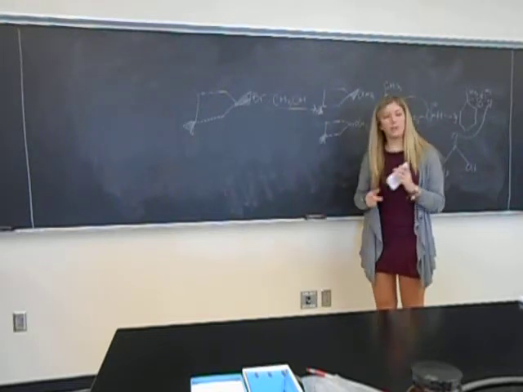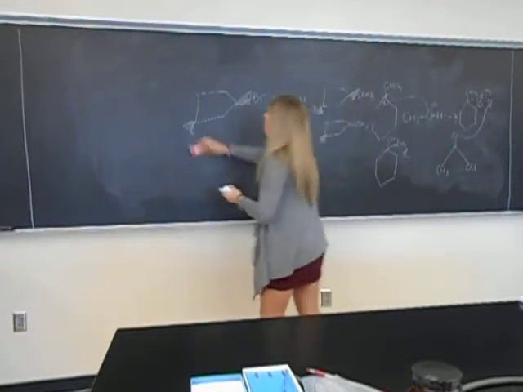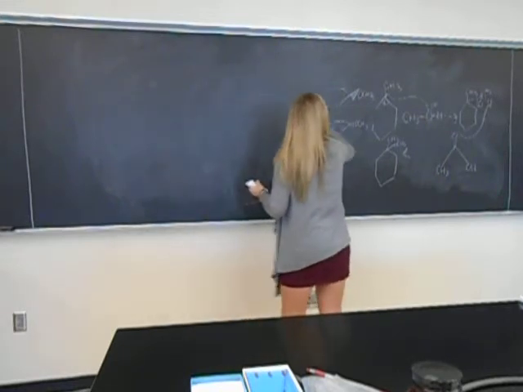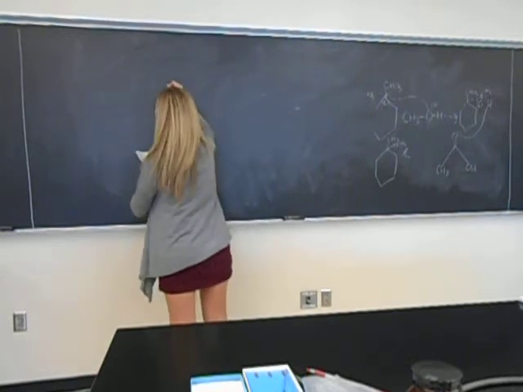So for looking at an example where we could apply this to health and wellness, we'll look at something that occurs in the body. Let me just draw the structure.